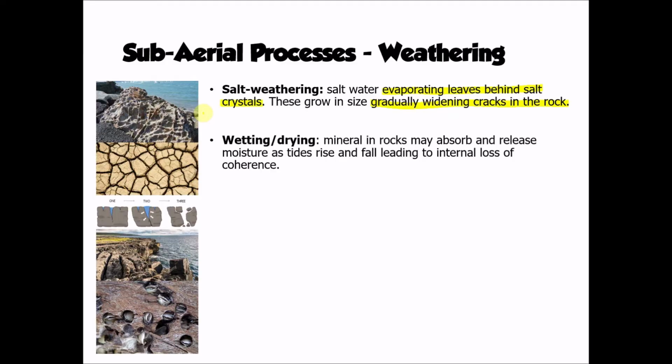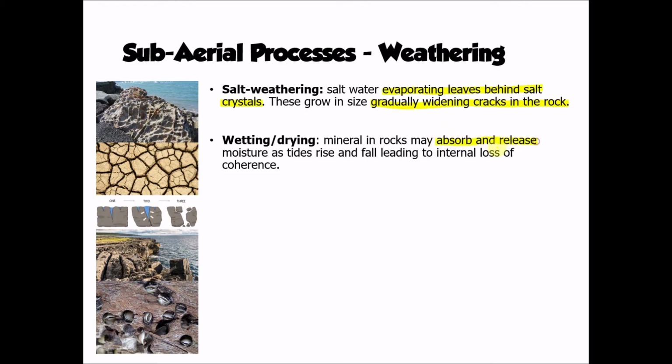Some rocks are also exposed to another physical or mechanical process known as wetting and drying. Certain rocks absorb water, so rocks with quite a high clay content do this. So the absorption of the water makes them expand, and the drying out makes them contract.